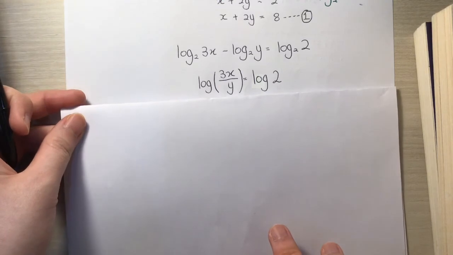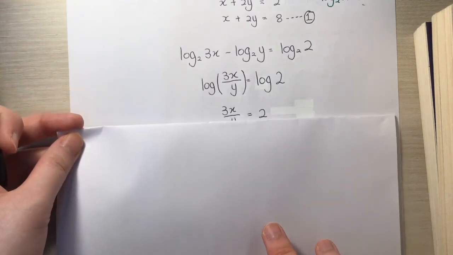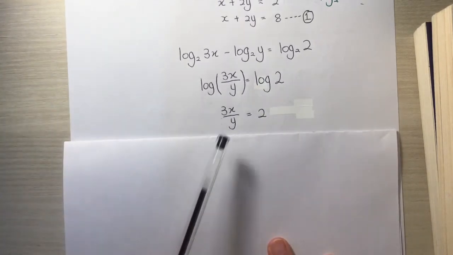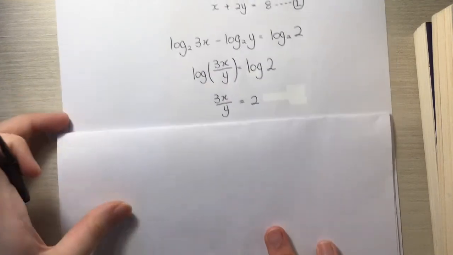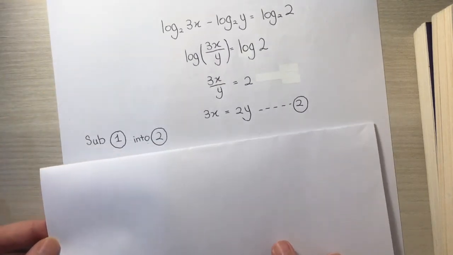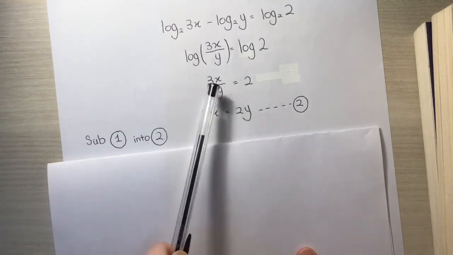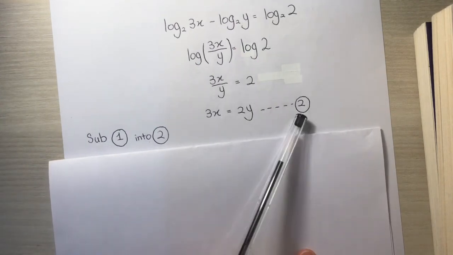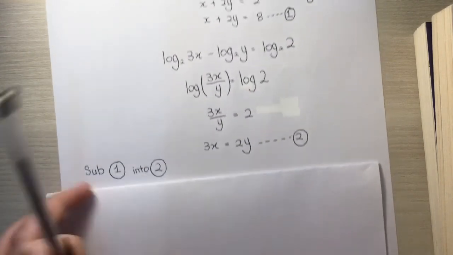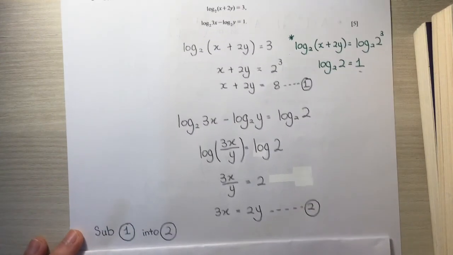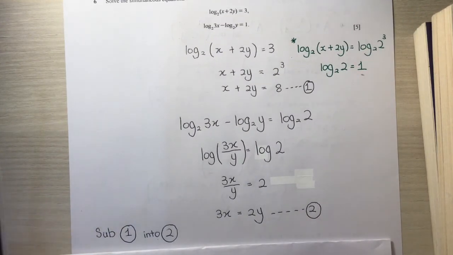I just eliminate the base 2 and then I rewrite it in this way. Of course, we can move the y over here. Then this is our second equation that we'll be using to solve the simultaneous equation.